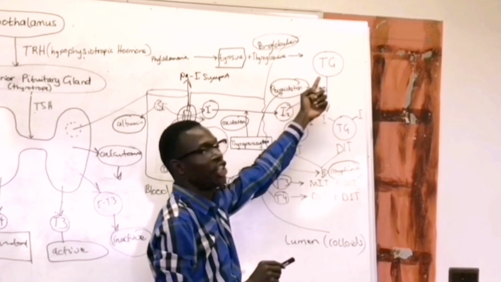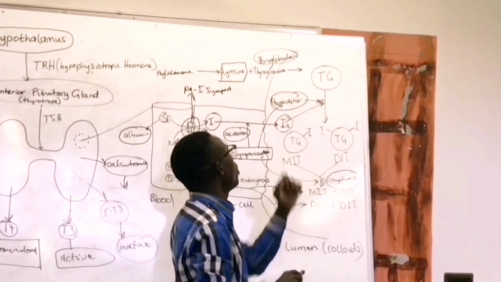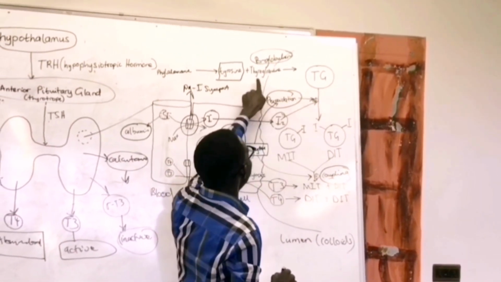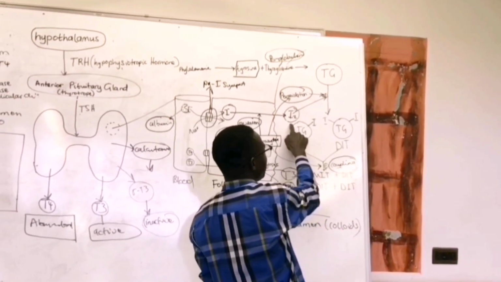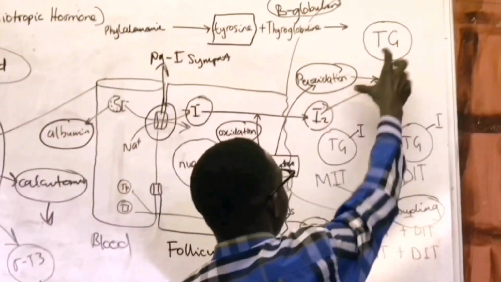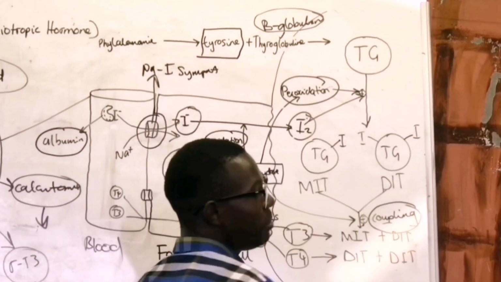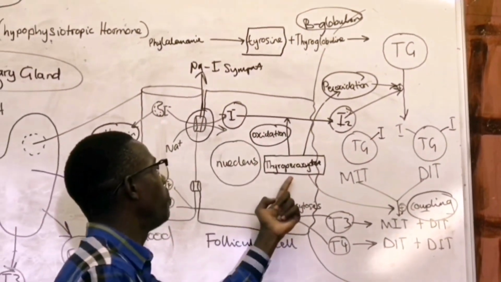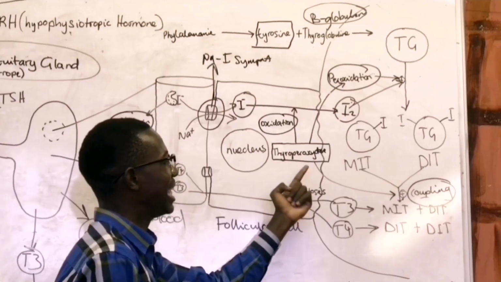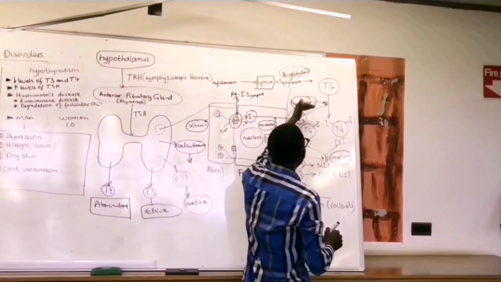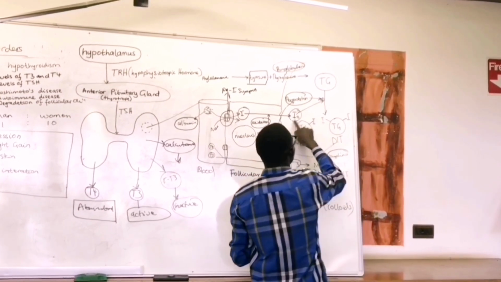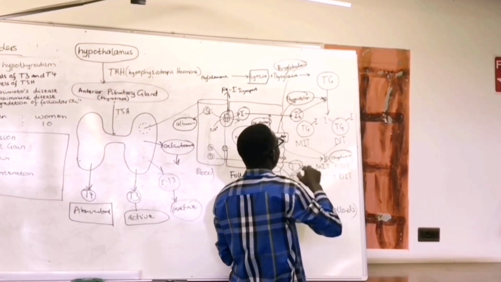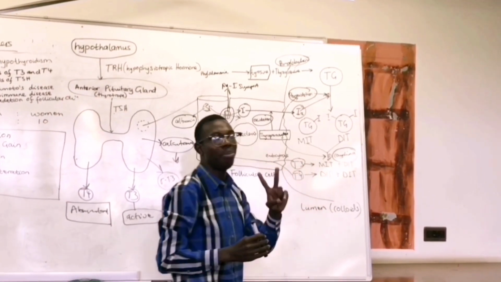I just represented it as TG right here. So the TG, which is the thyroglobulin, is going to react with iodine. This process is called peroxidation, stimulated by the thyroperoxidase enzyme. In peroxidation, we add iodine to TG, and we form 2 complexes.